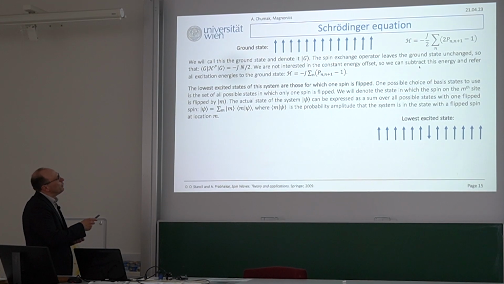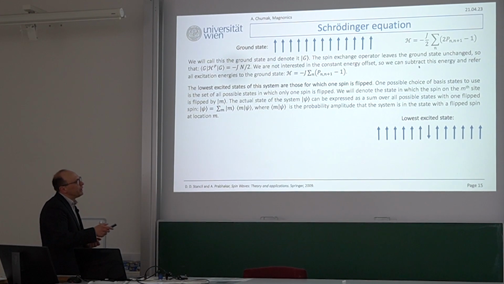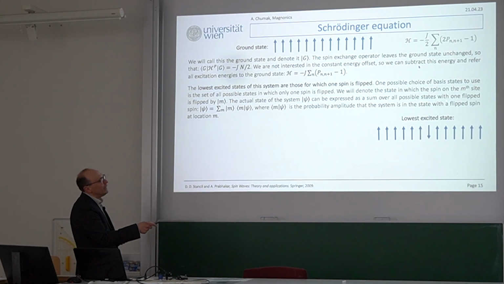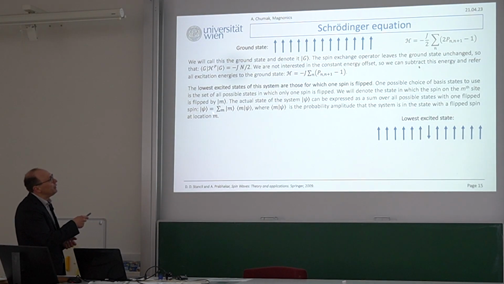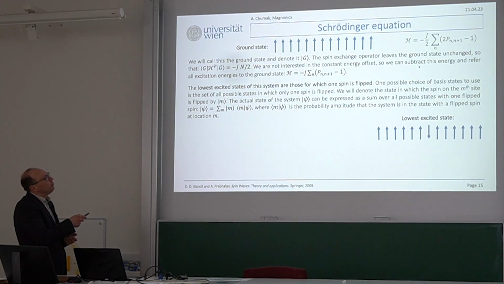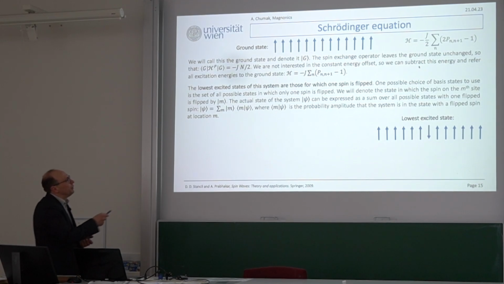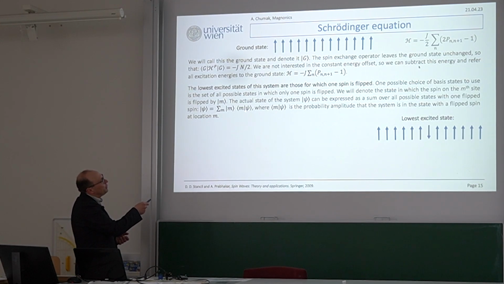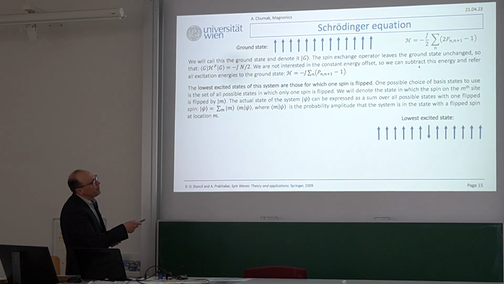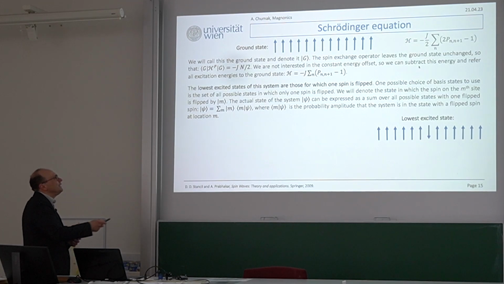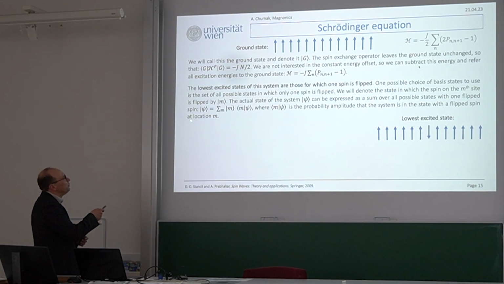And what we need to do in this case is that the actual state of the system psi can be expressed as a sum of all possible states with one flipped spin. That's why we need this sum over m. You sum over all states m, but you multiply each by this part, bra m ket psi, where bra m psi is a probability amplitude that the system is in the state with a flipped spin at location m.